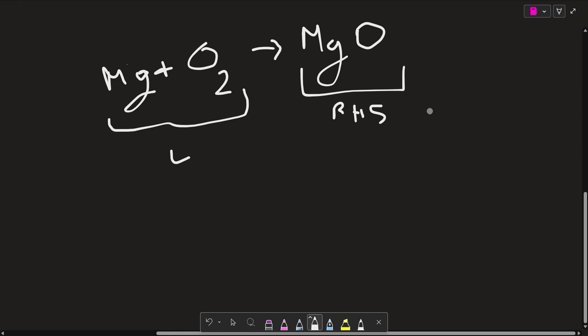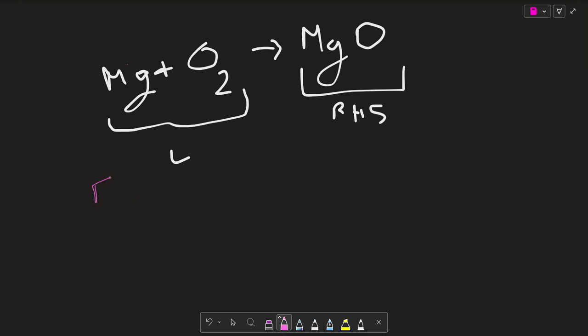So first, for that, we prepare a table. In the table, I'm going to write E. The E represents element. L, that's the left-hand side. And R, that's the right-hand side of the equation.